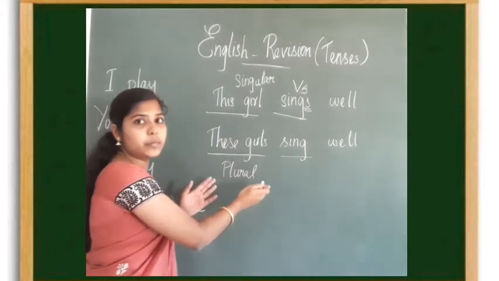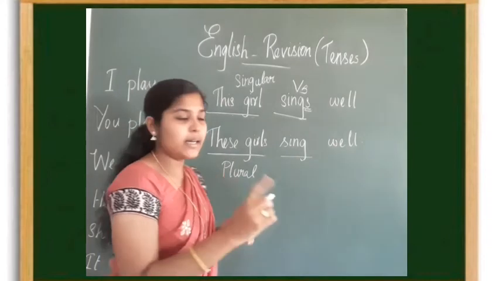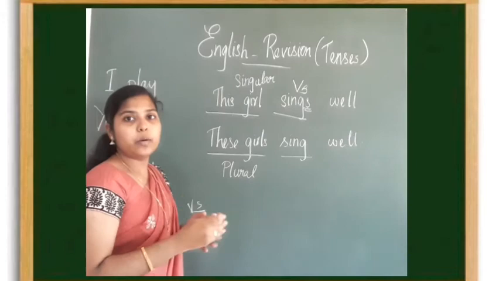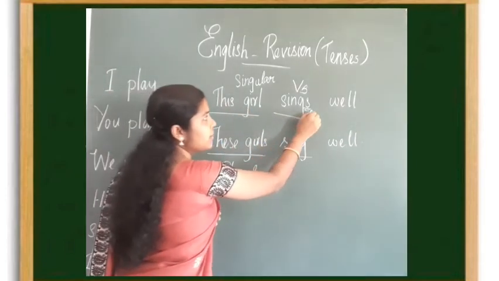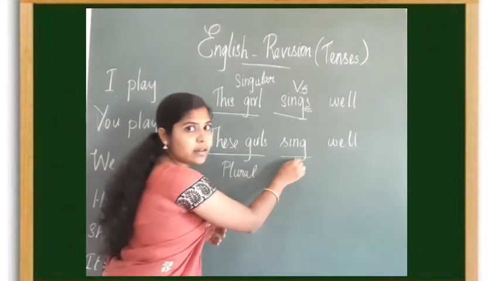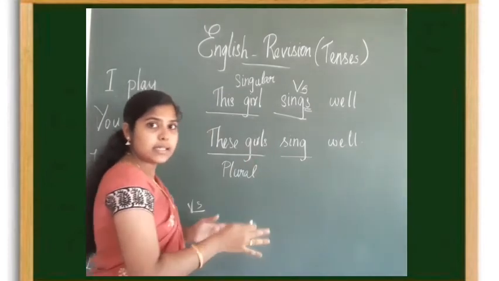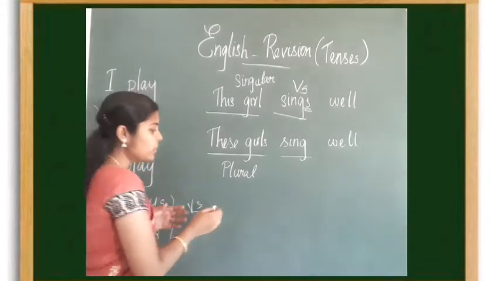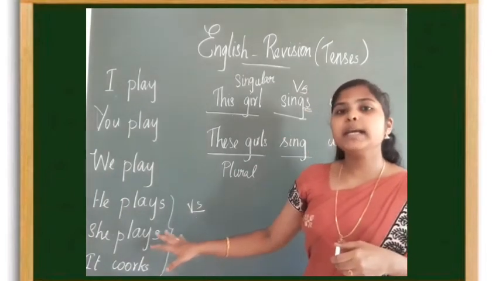This is third person plural. This girl sings. These girls sing. Okay? These boys dance. This boy dances. Okay? So, for third person singular, we should add s along with the verb.